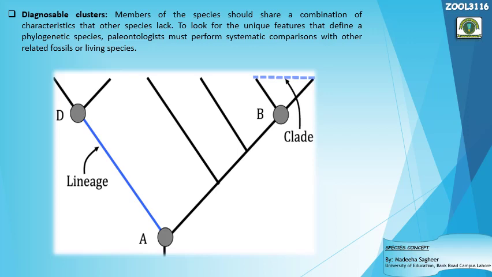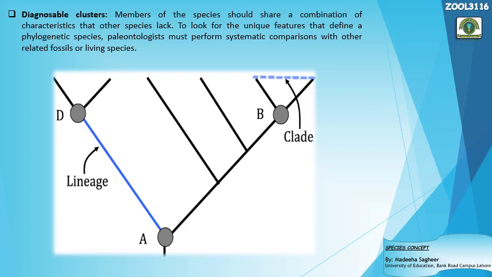So for the phylogenetic species concept, the paleontologist must compare the living species with all the related fossils, and in this way they can categorize individuals into certain categories of species.